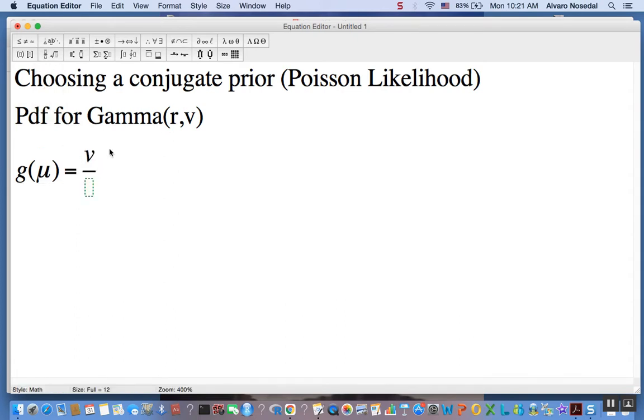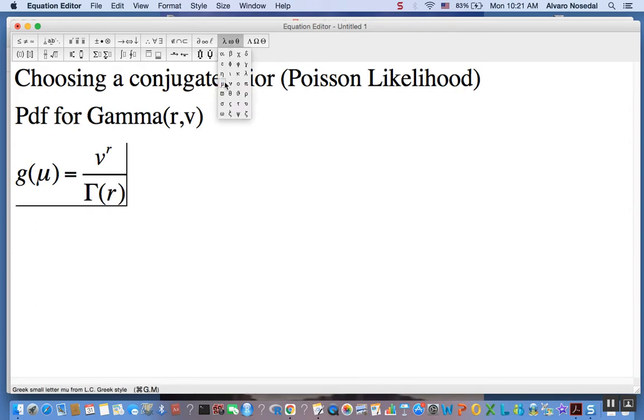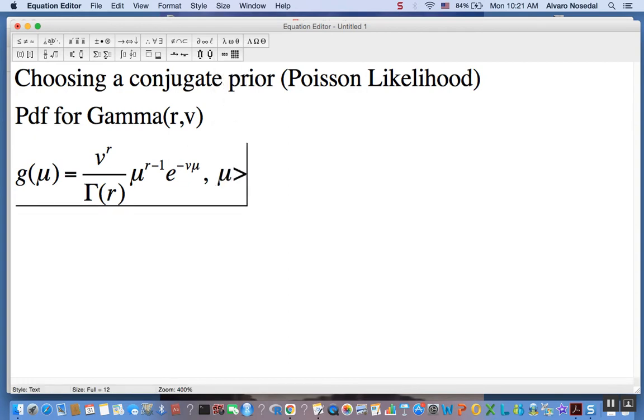It's going to be v to the power r divided by the gamma function evaluated at r, times mu to the r minus 1 times e to the negative v times mu. And that formula is valid for positive mu's, perhaps 0. That would be the support, right?